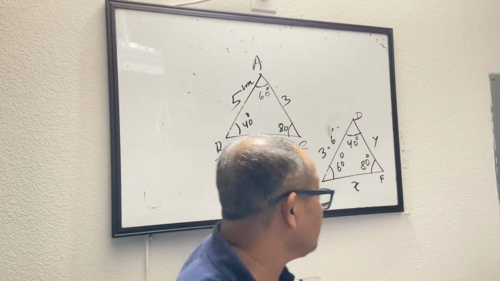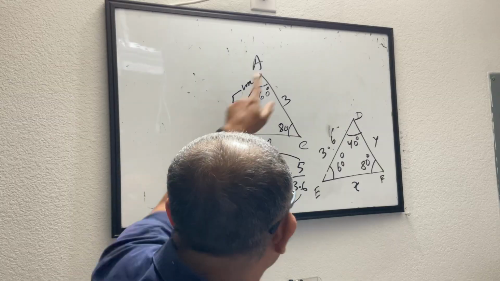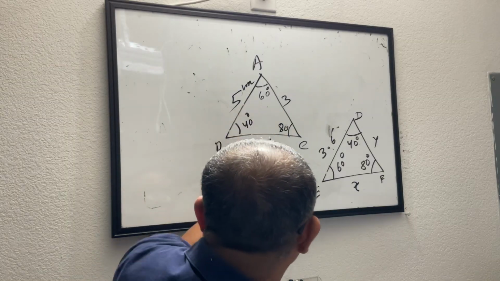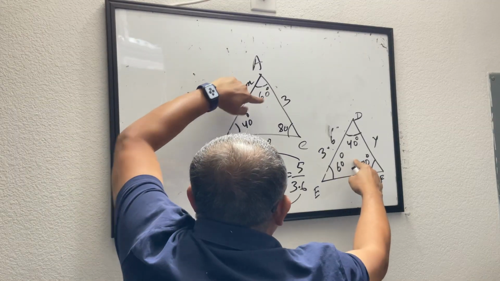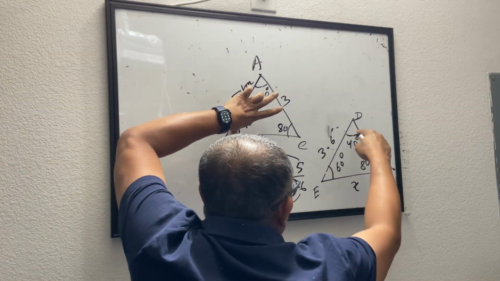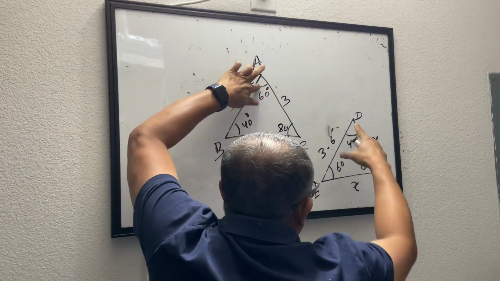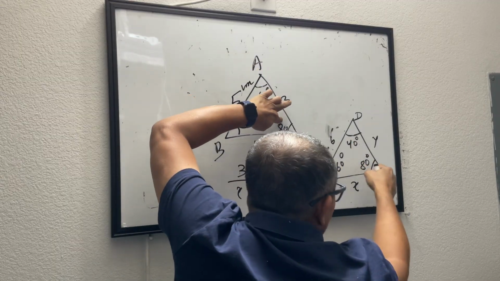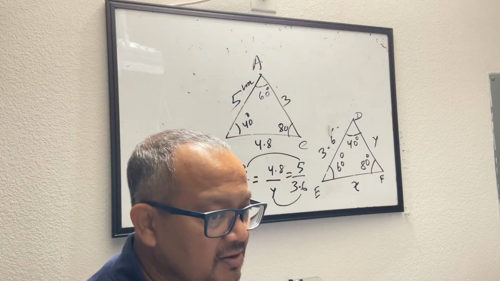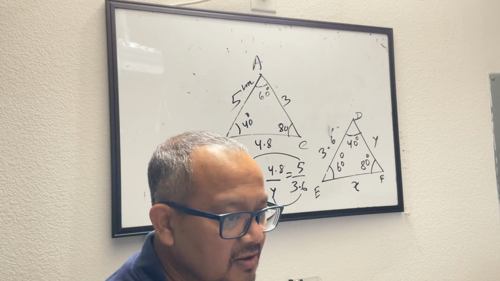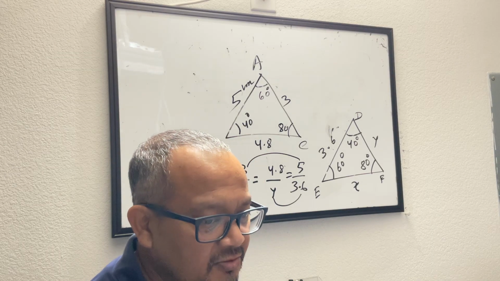I'm saying matching because if I say the angles are same, then you might assume all three angles are same. I'm not saying that. These two triangles are similar. This triangle's one angle has a matching angle, second angle has a matching angle, third angle has a matching angle. That's why they are similar. Is that okay so far?